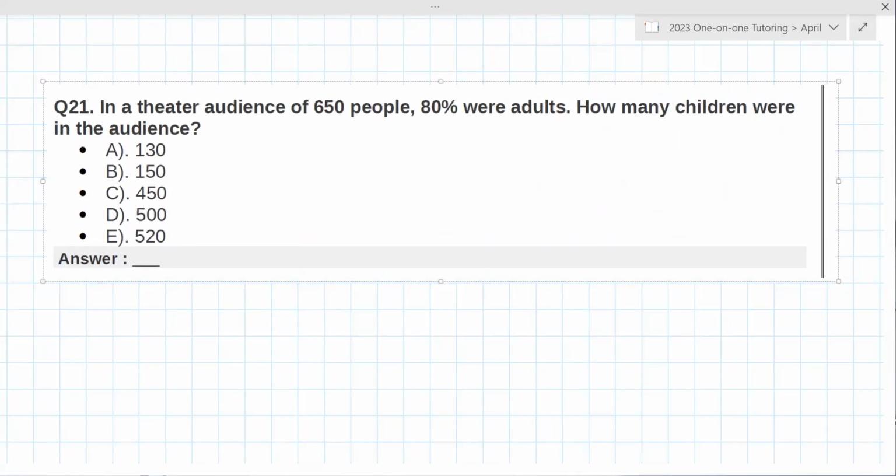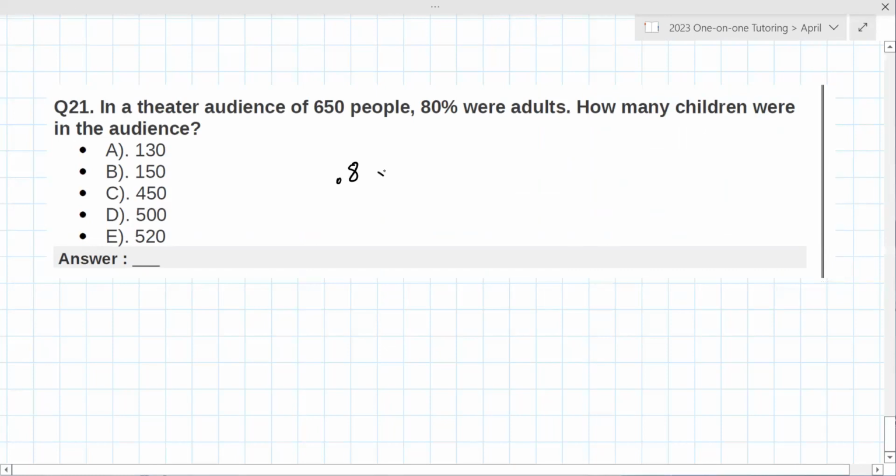So I guess I'd be finding the part, like how many of them were adults. So I would do 0.80 times 650. Yeah, now this one, you could use a calculator, but this one is probably meant to not have one.